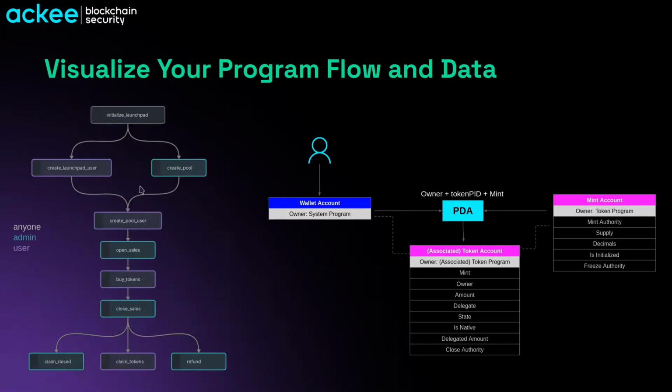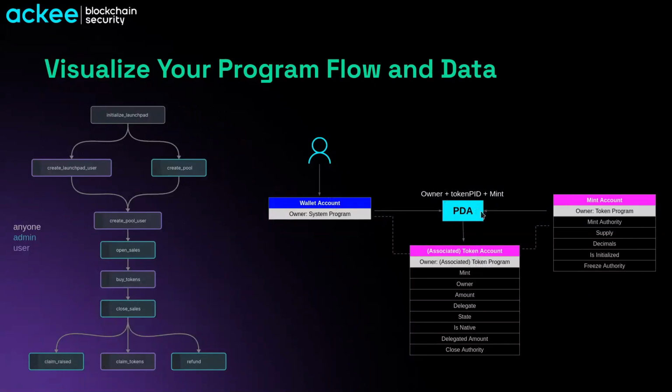So this is the program flow, and what is also very good for testing and for documentation for other developers or maybe even users is the data structure. So here you can see an example of an associated token account.